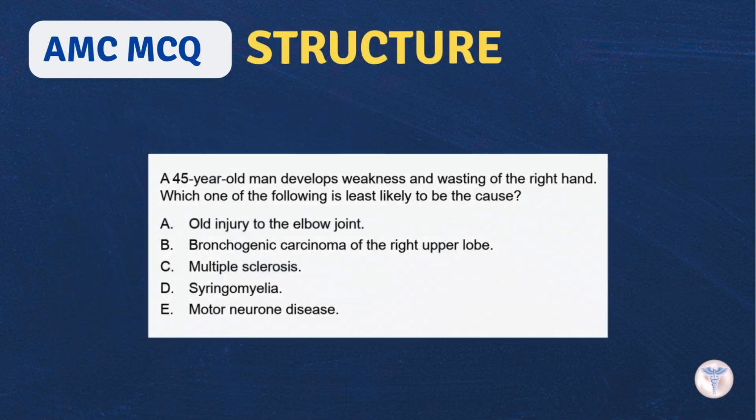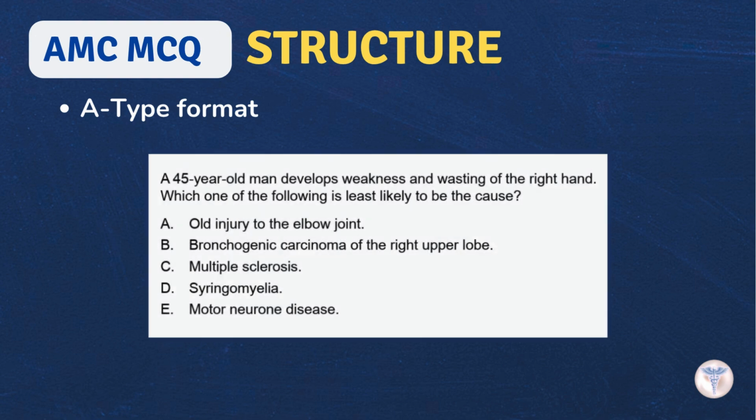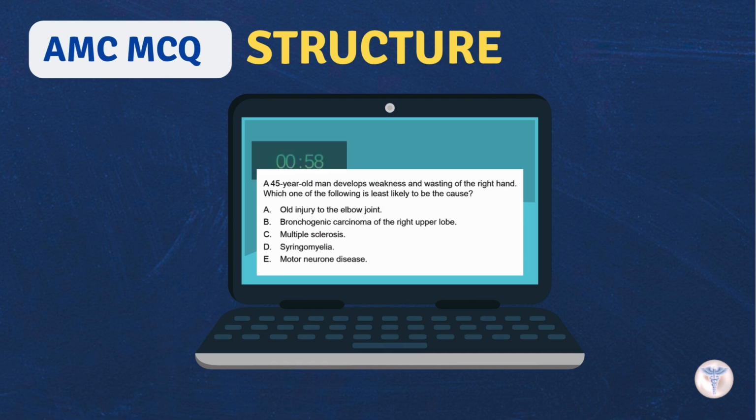All MCQs are A-type format, one correct response from five. In A-type questions, each question or incomplete statement is followed by five suggested answers, labeled A, B, C, D, and E. The candidate must decide which one response is the best choice. A timer clock is included in the examination platform for each individual candidate.